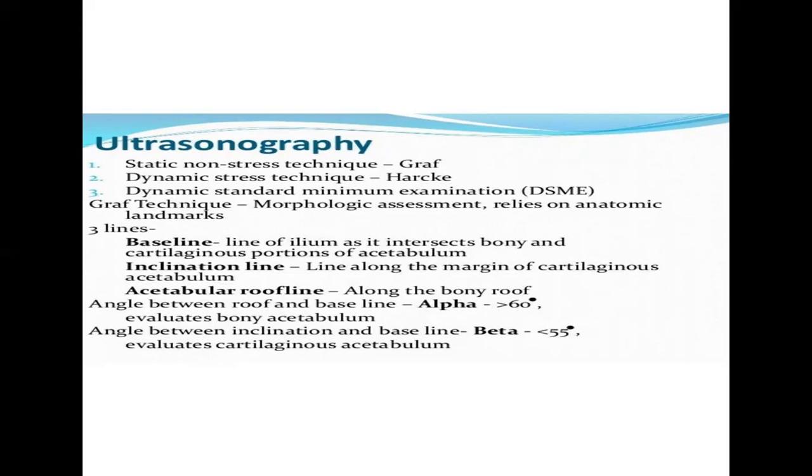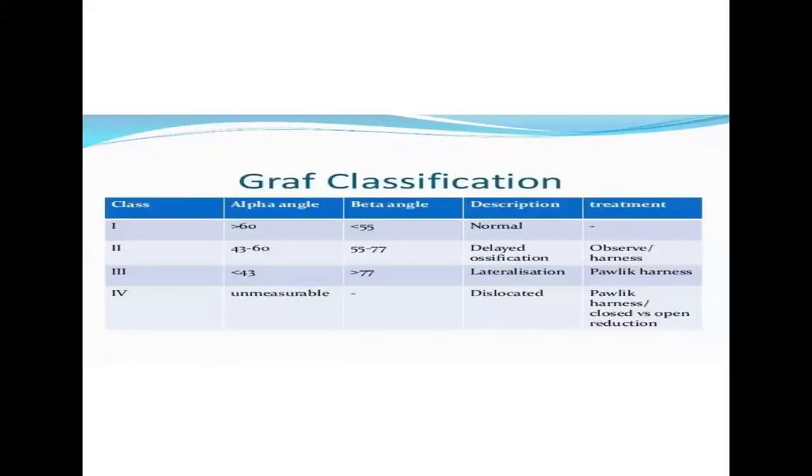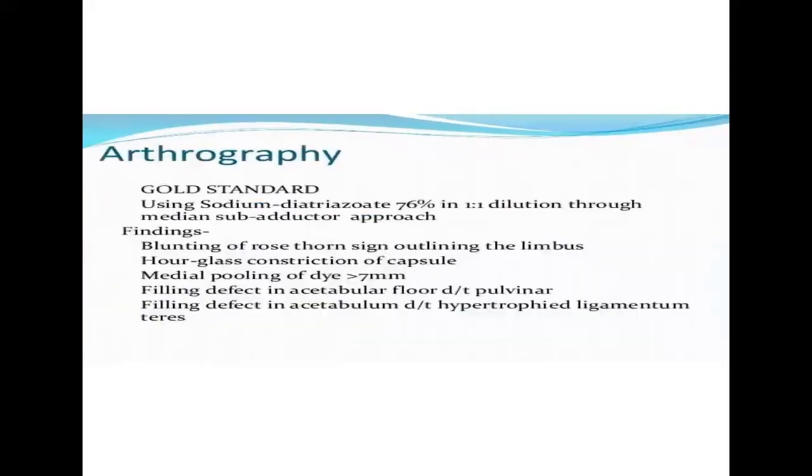The baseline is the line of the ilium as it intersects the bony and cartilaginous portion of the acetabulum; the inclination line runs along the margin of the cartilaginous acetabulum; the acetabular roof line runs along the bony roof. The angle between roof and baseline, alpha, greater than 60°, evaluates the bony acetabulum. The angle between inclination and baseline, beta, less than 55°, evaluates the cartilaginous acetabulum. Graf classification.